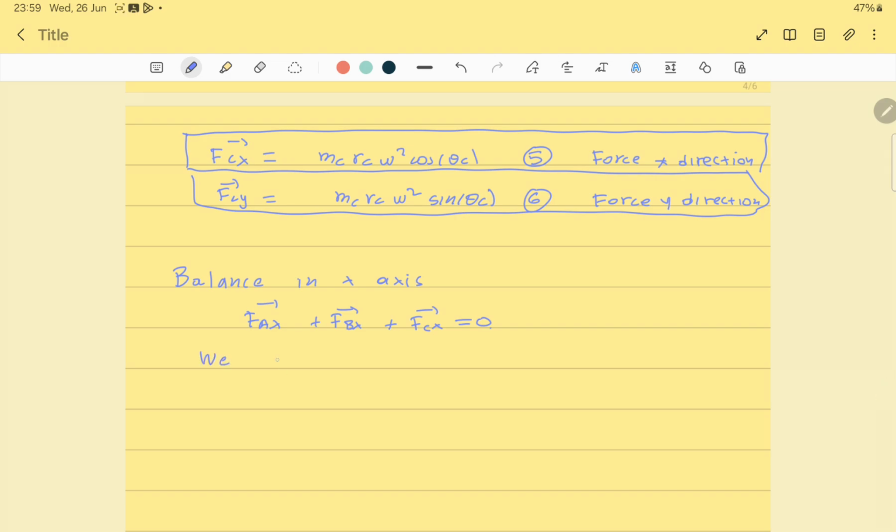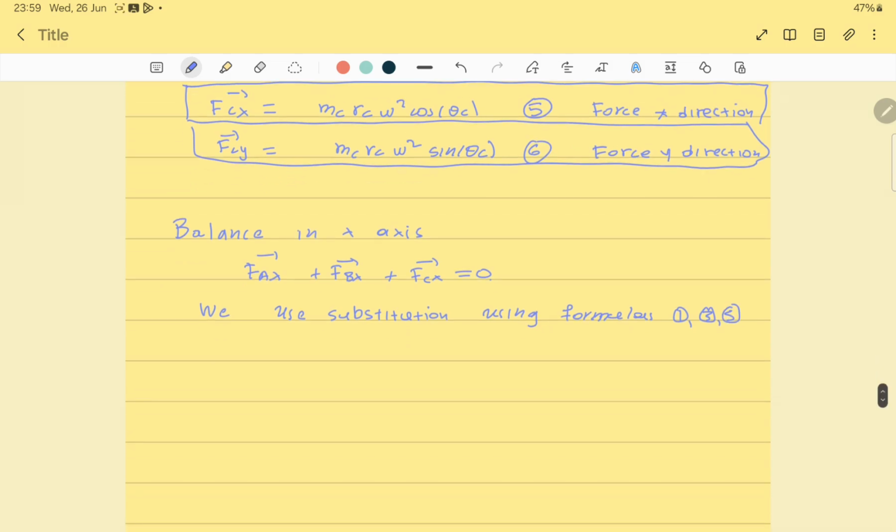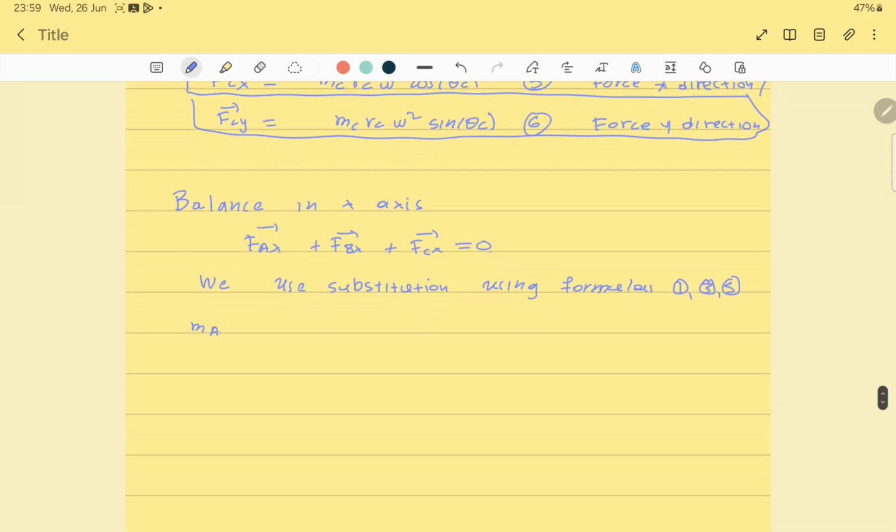We use substitution, using formulas 1, 3 and 5. So we have MA RA omega squared cos theta A plus MB RB omega squared cos theta B plus MC RC omega squared cos theta C is equal to 0.